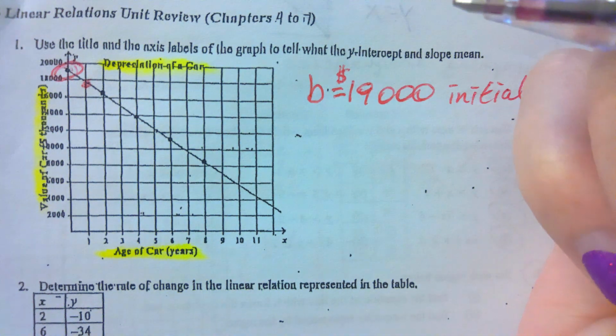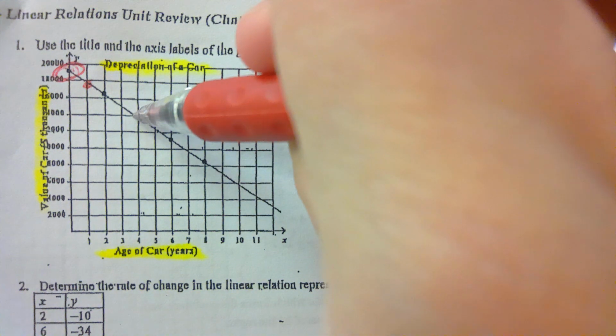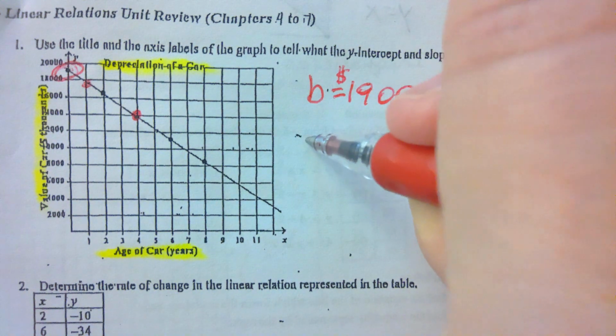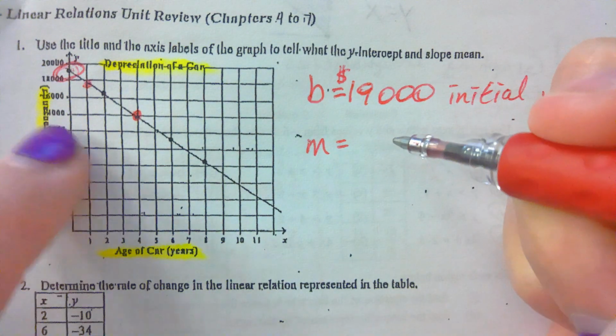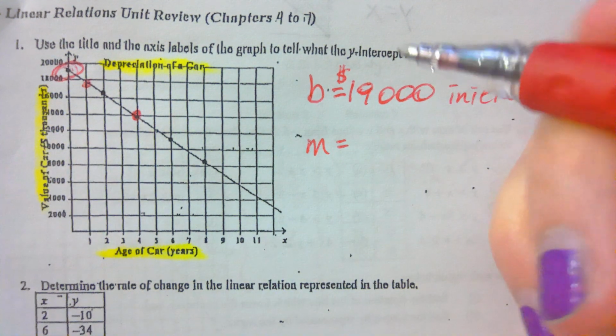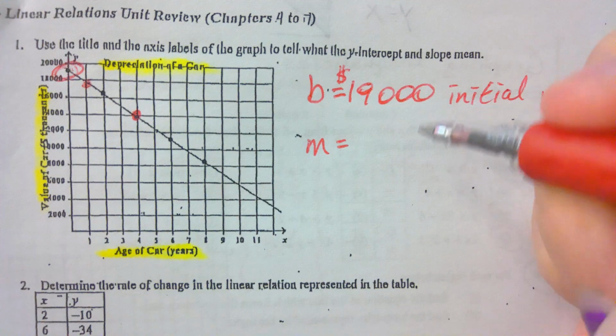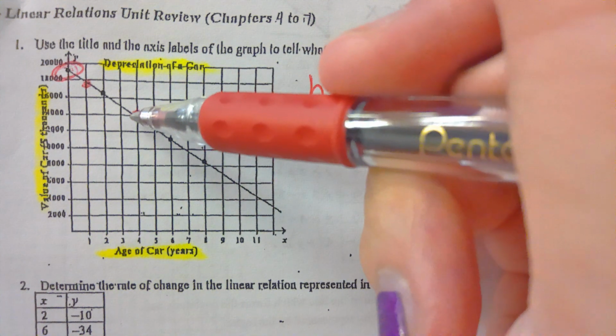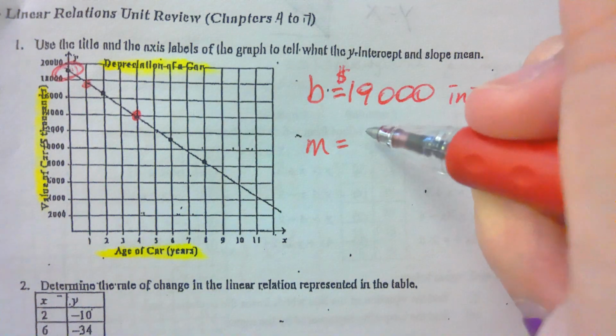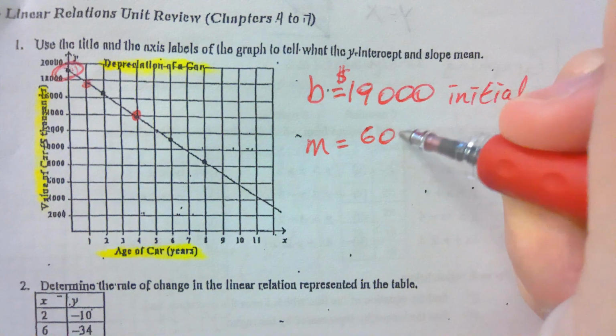Say that again. Okay, yeah. What you said was great. $6,000 in 4 years. Good.